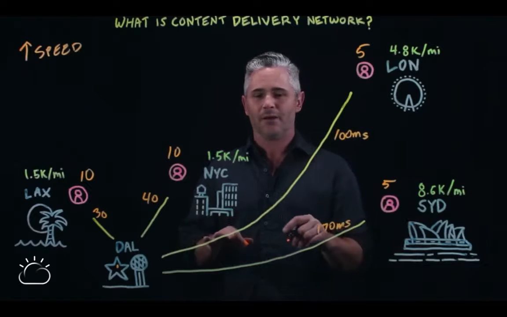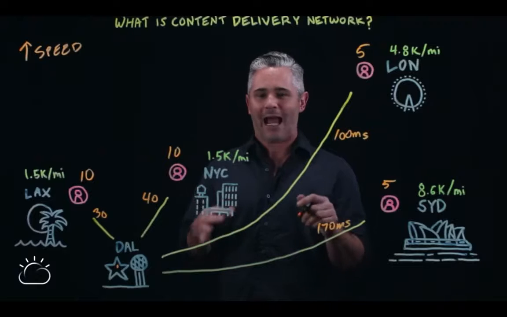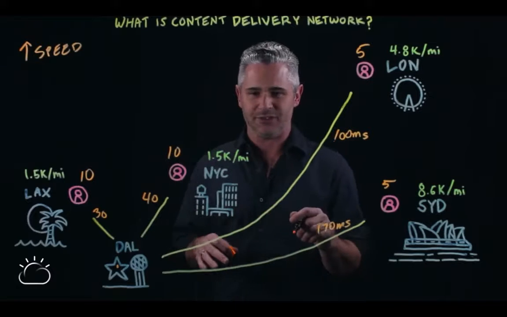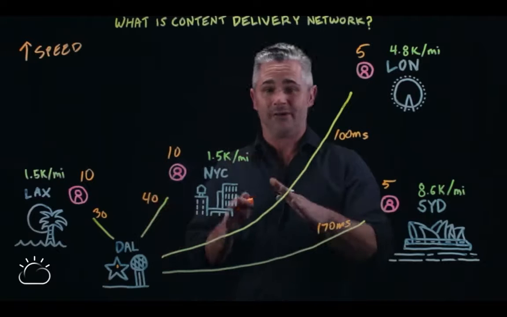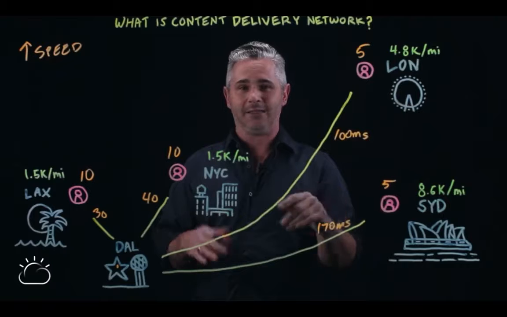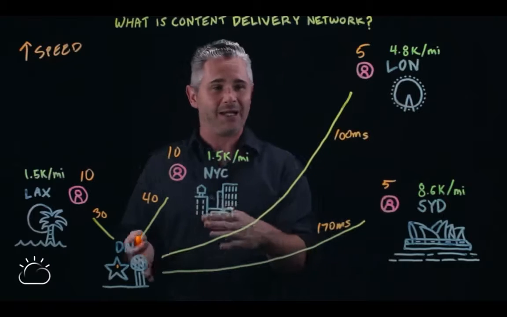So this is where the CDN comes into play, and this is how it accomplishes the increase in speed, which is by reducing the distance between the user and the content, or the server providing the content.